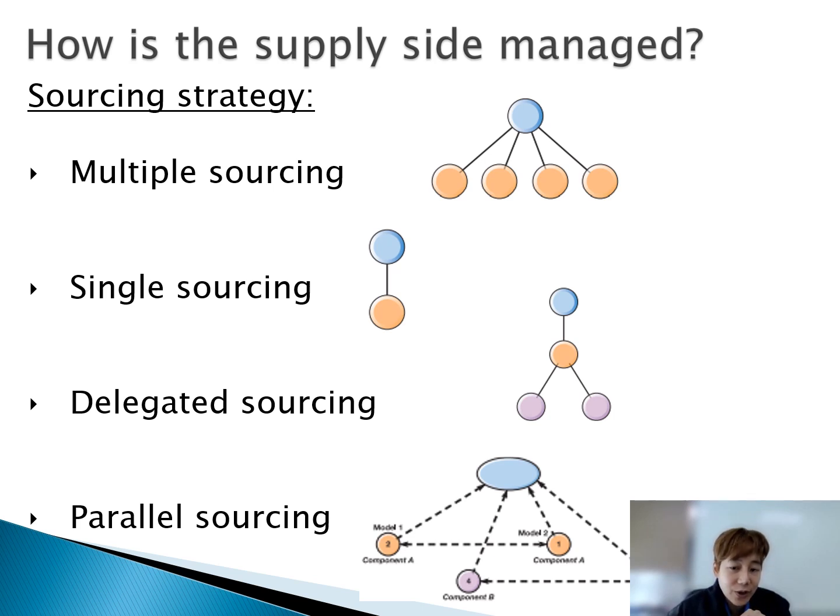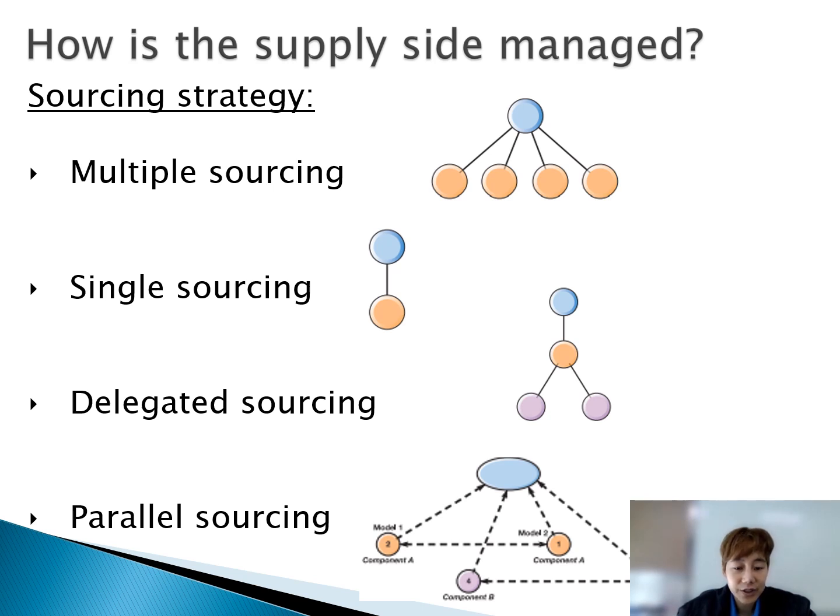Another one is single sourcing. I just directly hire this company. I don't compare with other companies or multiple sourcing. Okay. Dedicated sourcing: I hire company B and company B also hires company C and D. Okay.